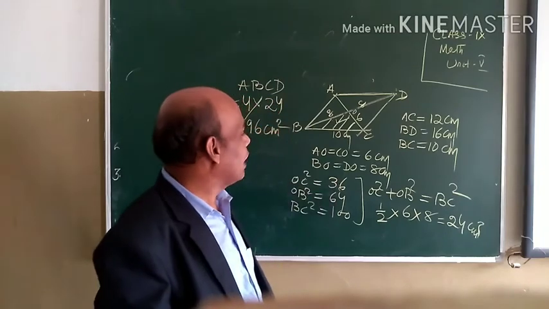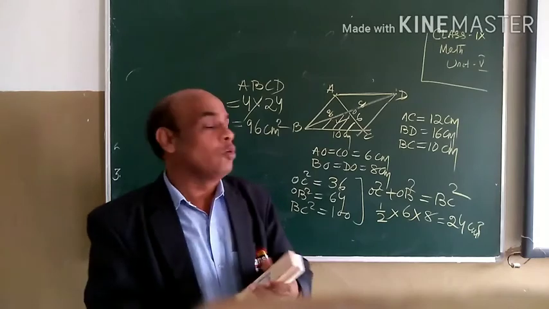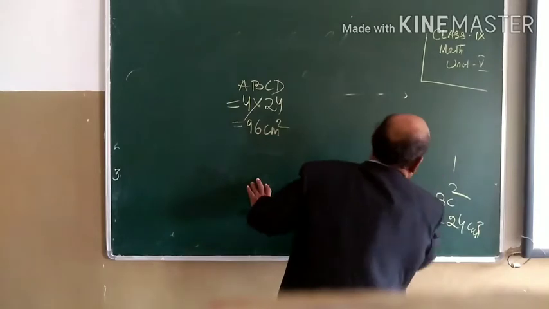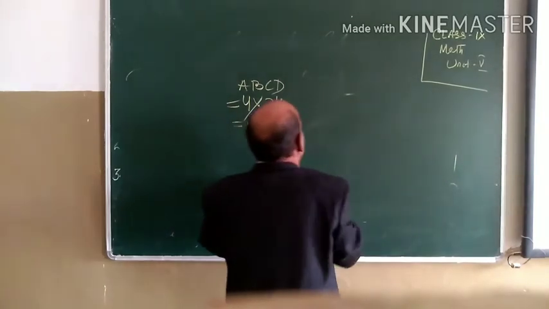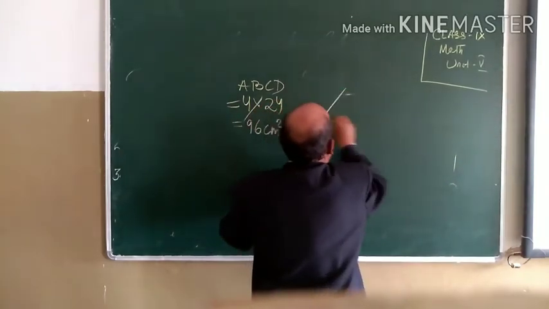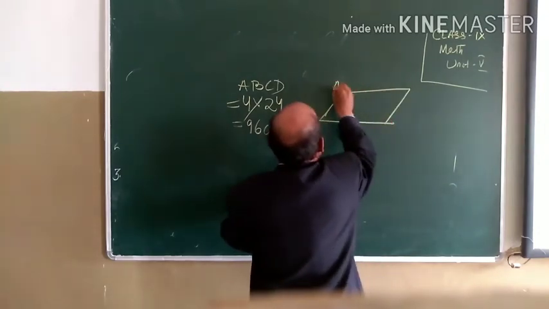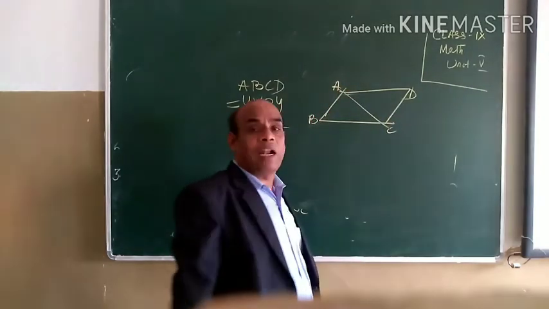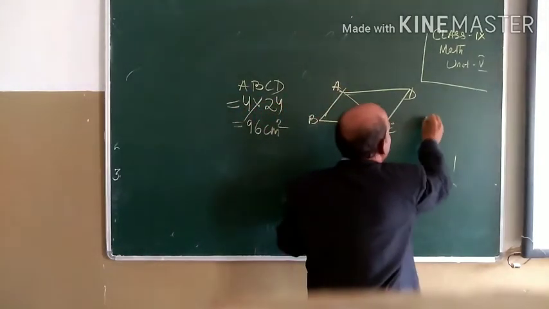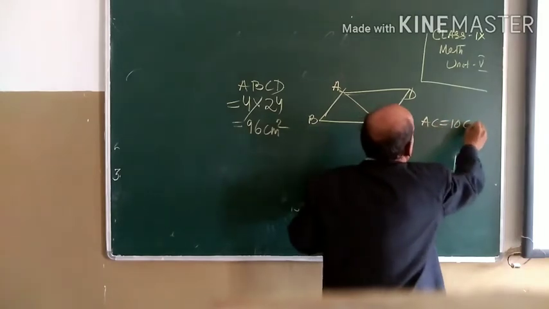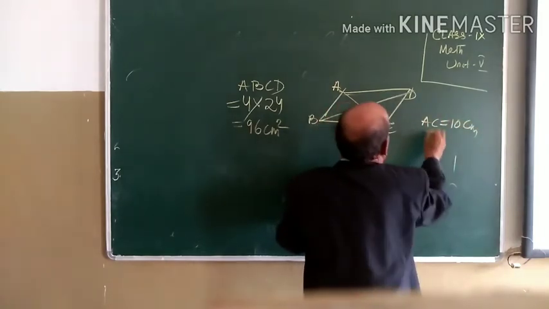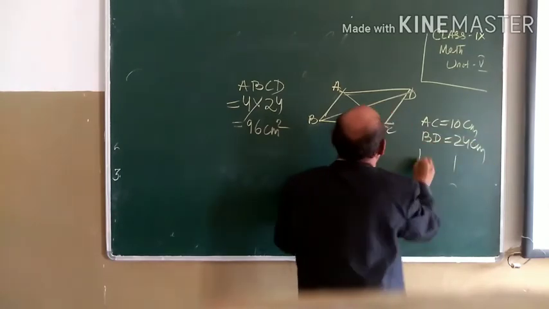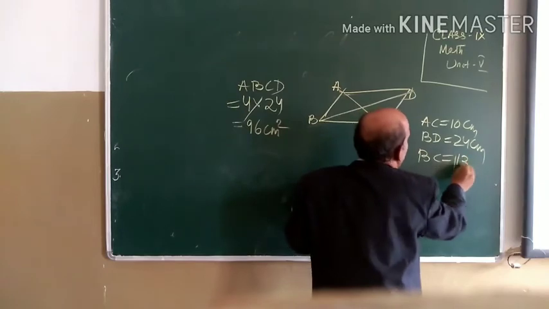So I will give you a similar question for practice. In a parallelogram ABCD, AC is equal to 10 centimeter, and BD is equal to 24 centimeter, and BC is equal to 13 centimeter.